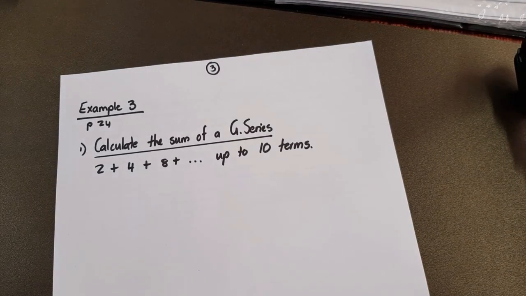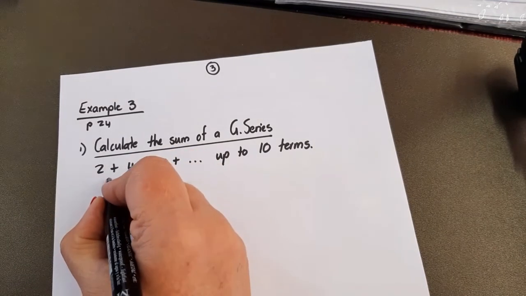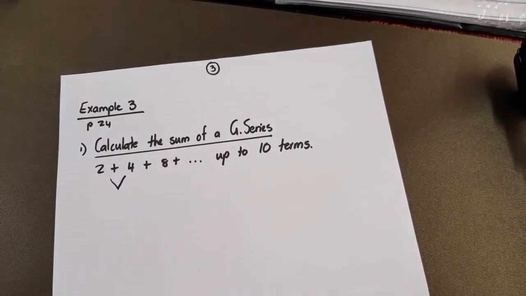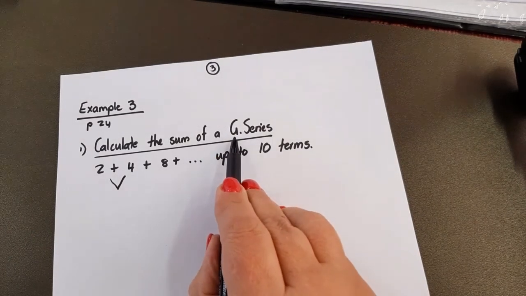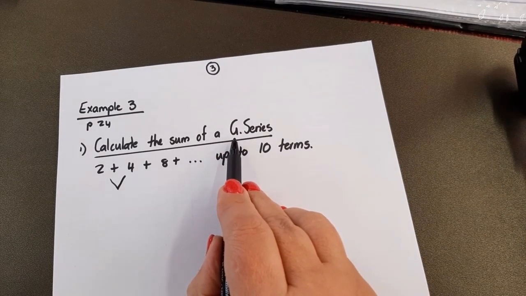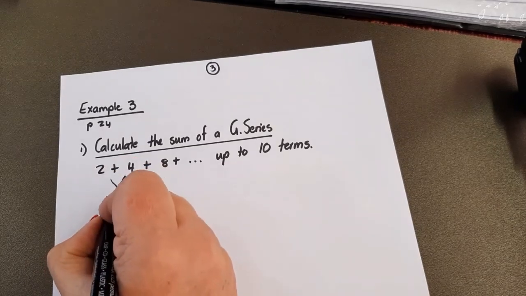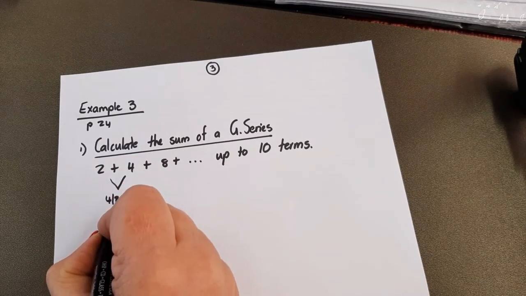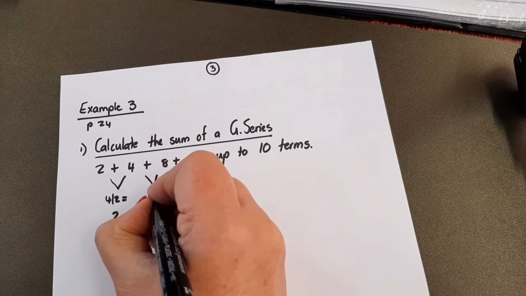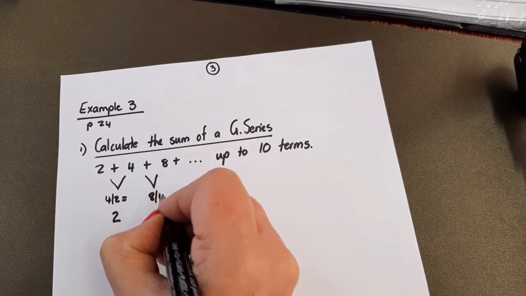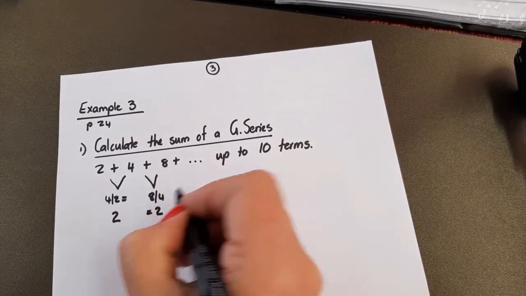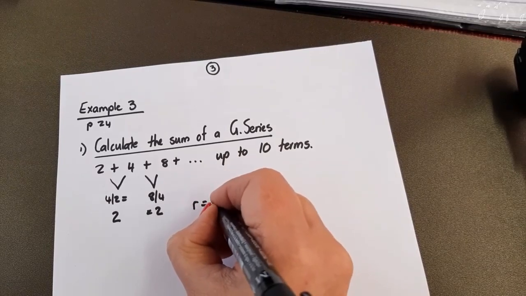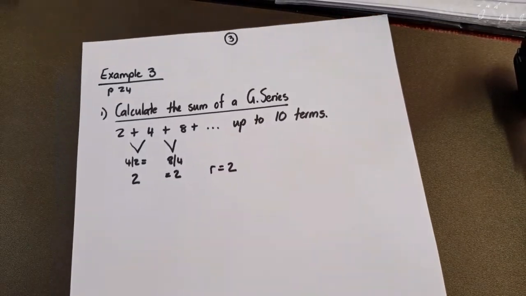So before we can start, let's quickly see what the ratio is. How do I know that there will be a ratio? Because they tell us it's a geometrical series. So it's 4 divided by 2, and that is 2. 8 divided by 4 is 2. So my ratio is 2.